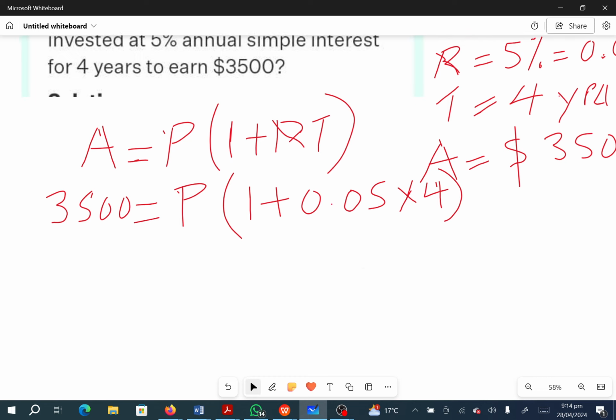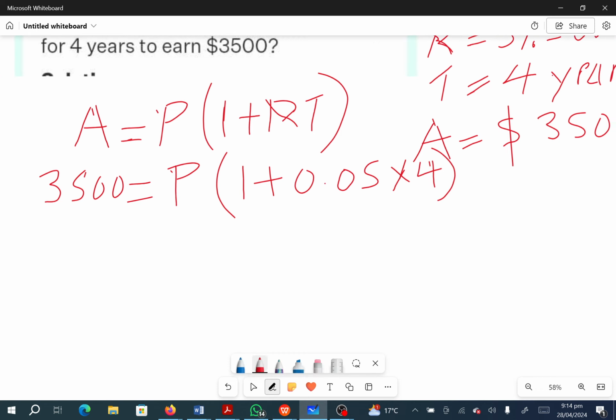You can now get your calculator and solve what is in the bracket: 1 plus 0.05 multiplied by 4.